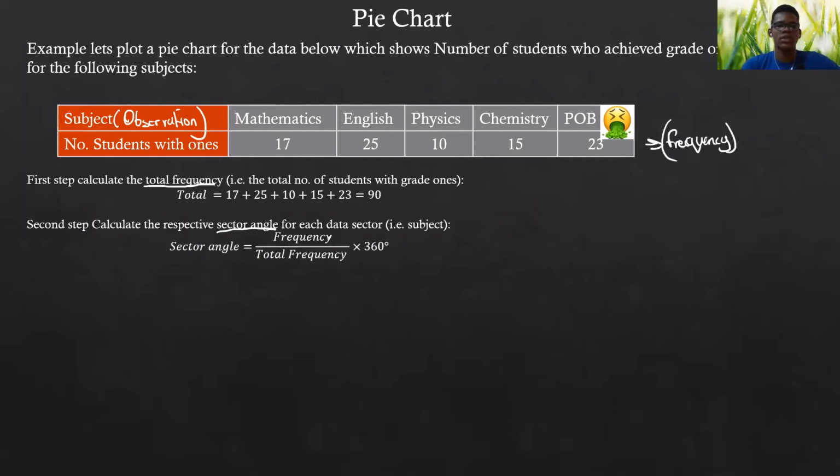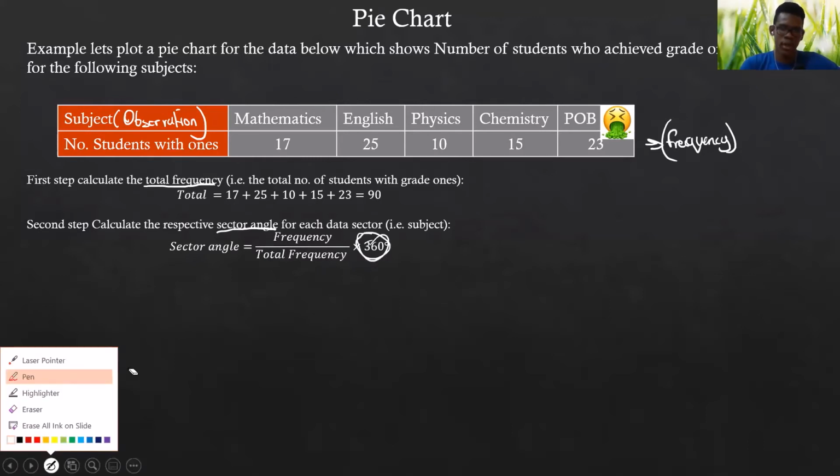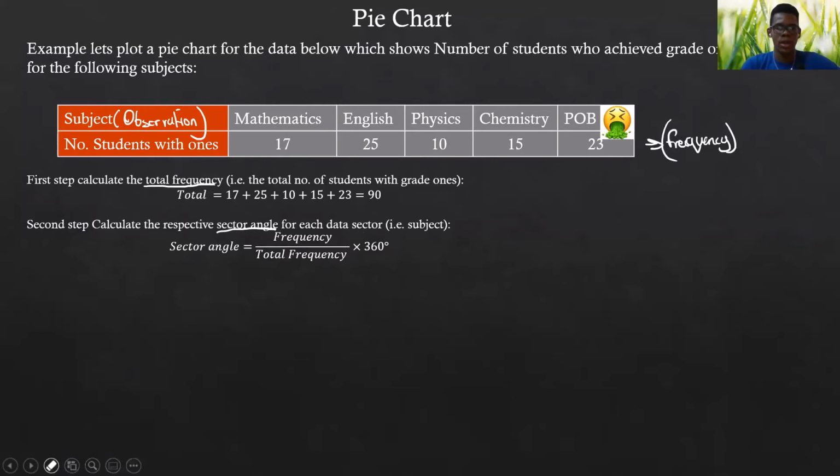So the sector angle is equal to the frequency divided by the total frequency multiplied by 360 degrees. The reason you're using 360 is because the circle is 360 degrees. That is the total angle around the circle, as the entire pizza is 360 degrees.